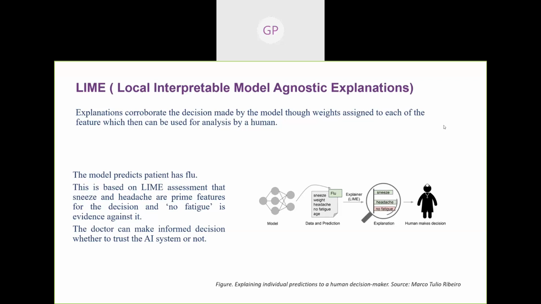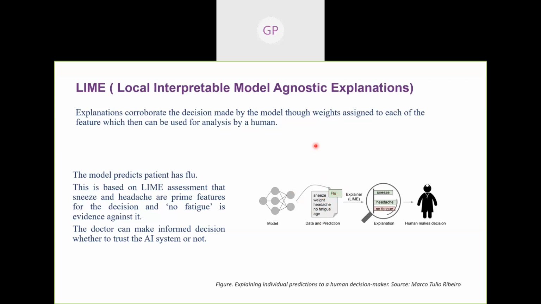Now, if you look here, this is the model which is created. These are the features: sneeze, yes; weight, some value; headache, no; fatigue; age. Depending on this set of data, the model would predict whether a person has flu or not.